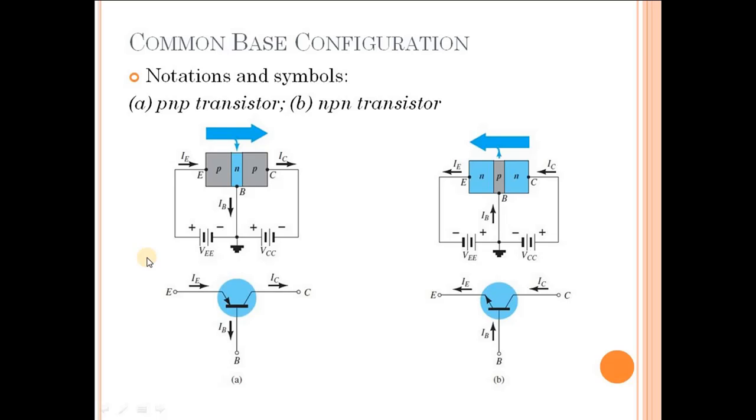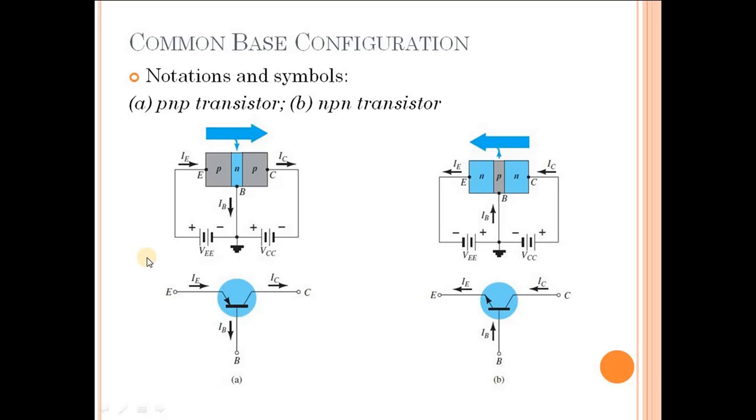Similarly, we have output characteristics of the BJT configured in the common base configuration. So we have input characteristics and output characteristics for the BJT for every configuration. Now we are discussing the common base configuration. Similarly, for the common emitter configuration, and also for the common collector configuration, we'll have input and output characteristics of the BJT.